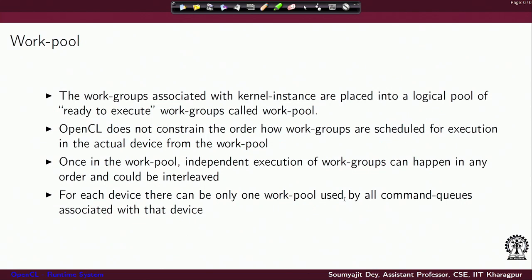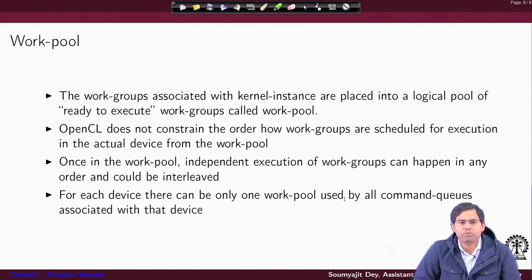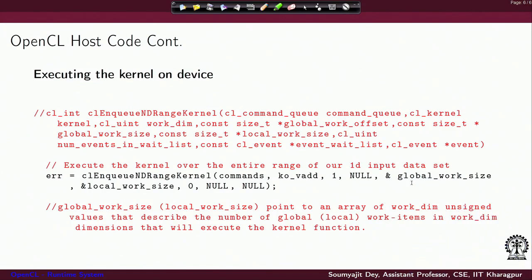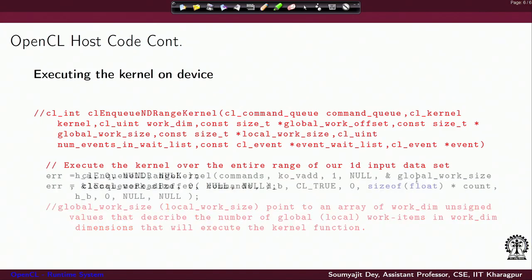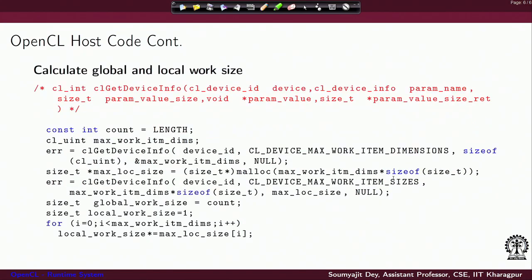Next comes some idea about the work pool, or the work groups that you have. In OpenCL, when you have launched the kernel with the global and local work size information, the work groups associated with the kernel instance are placed into a logical pool of ready to execute work groups called the work pool, right. Again, I will just repeat one thing, just in case you are wondering why we did all these things to figure out the local work size.